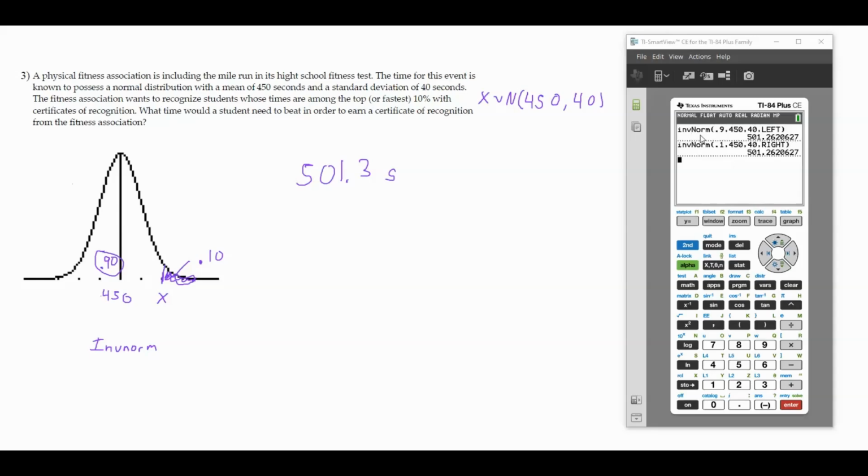So again, if you have a TI84, not CE, if you don't see the choice of what tail to use, it's going to default to left, and you have to first convert these inverse norm problems always to a percentile. If you have a TI84 CE, you can choose what tail you want to use. Just make sure that when you do that, you have the appropriate percentage entered.